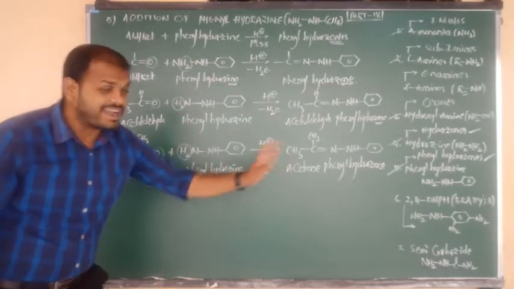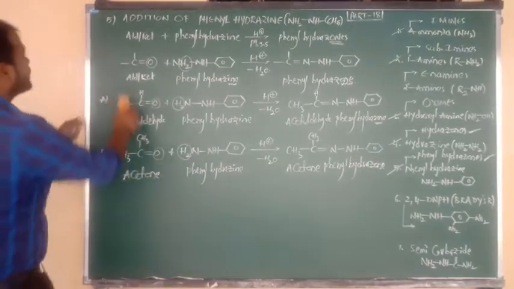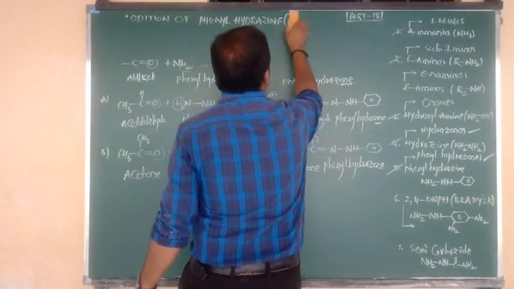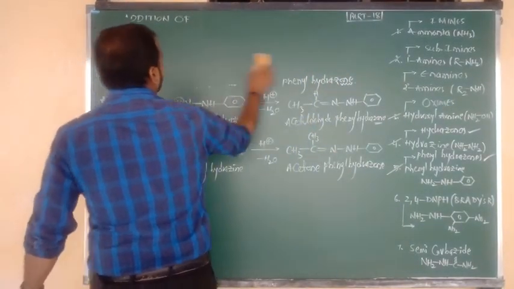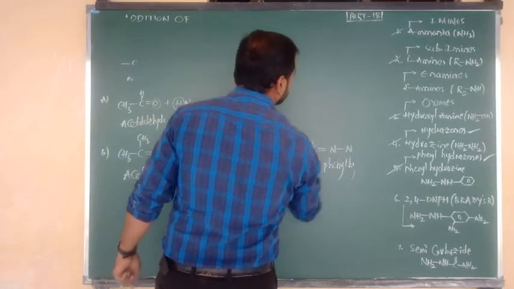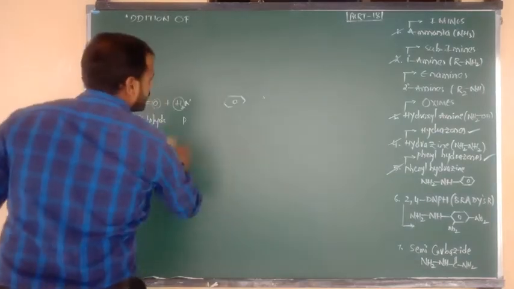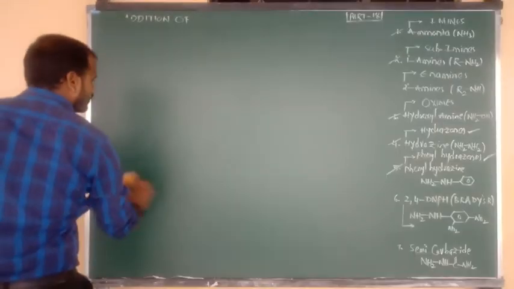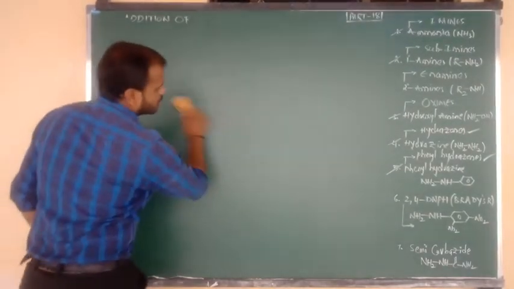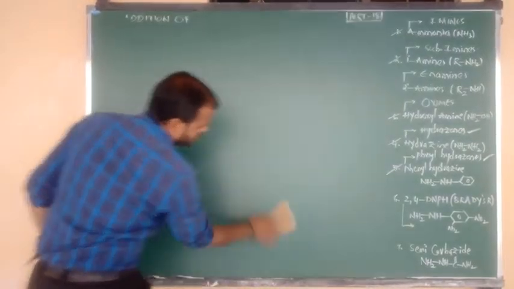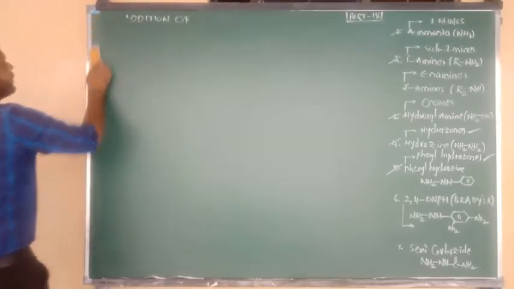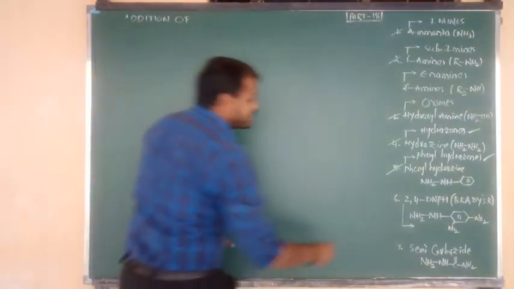Next one is the 6th property. So what is the 6th one?